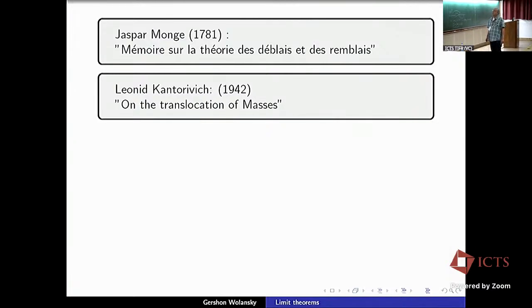What Leonid Kantorovich then invented is what is known today as linear programming, and he found that the Monge problem can be relaxed to a kind of linear programming which has a solution.